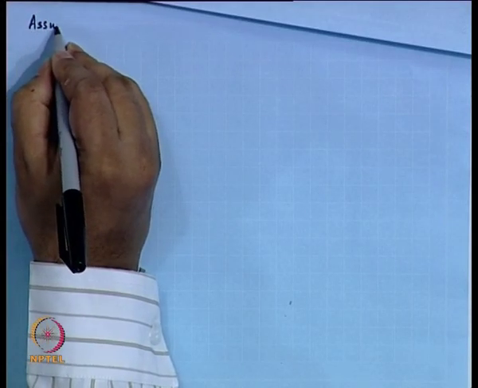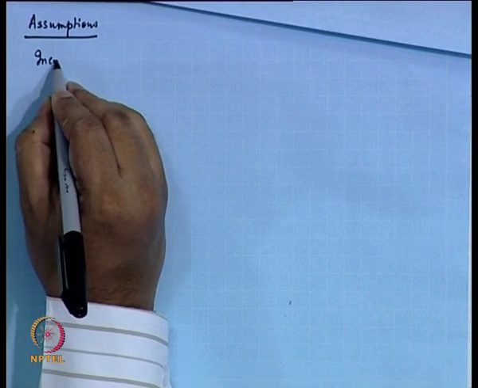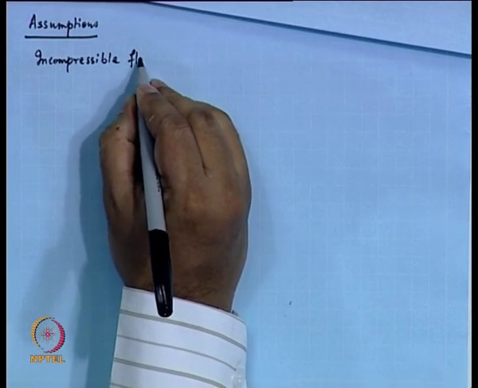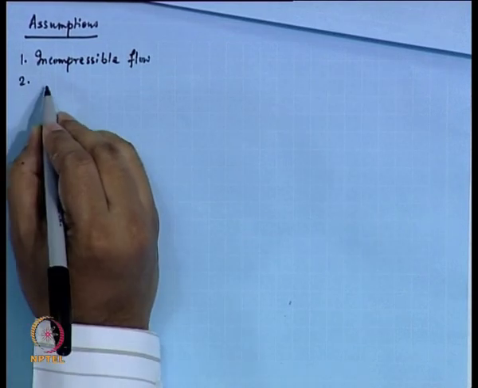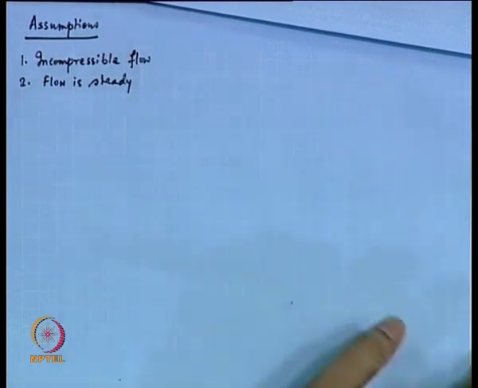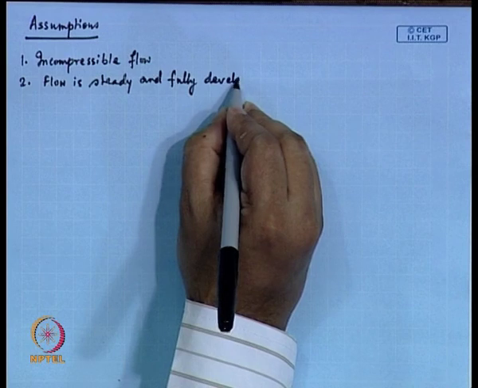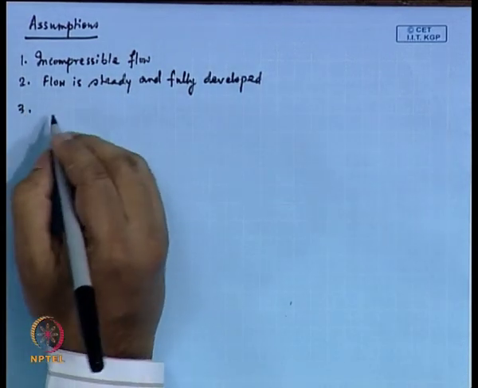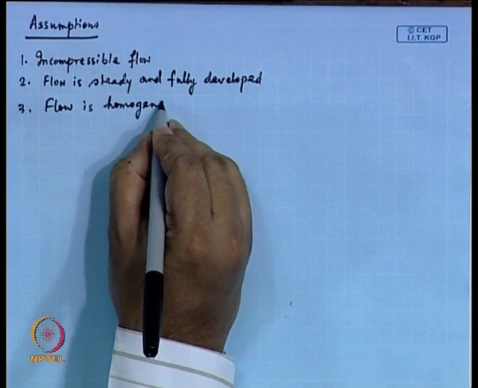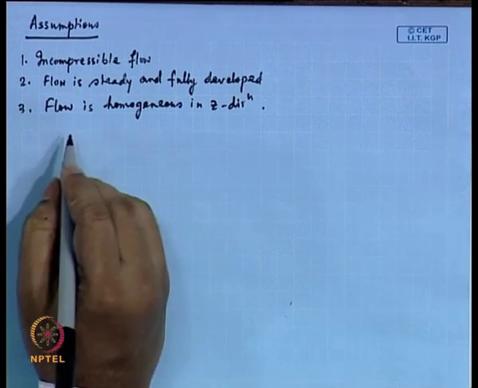The assumptions here are: number 1, incompressible flow; number 2, flow is steady and fully developed; number 3 is flow is homogeneous in the z direction.